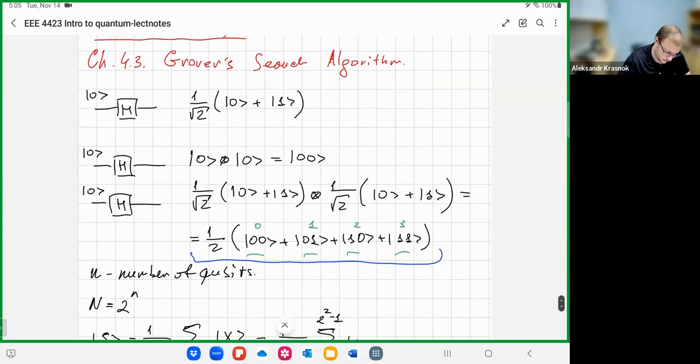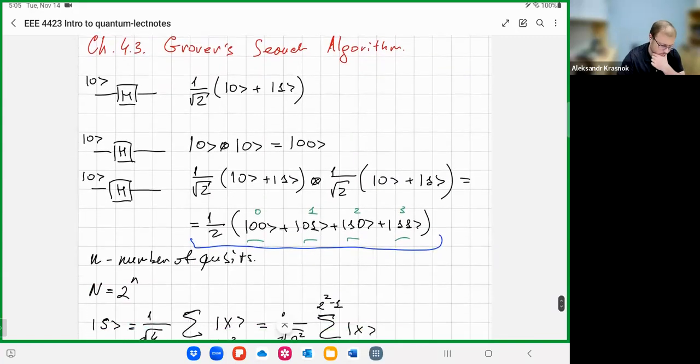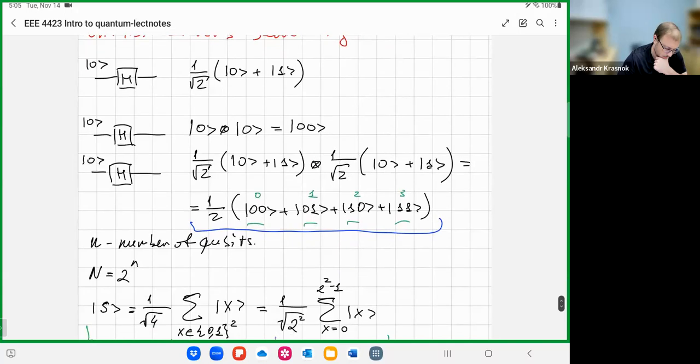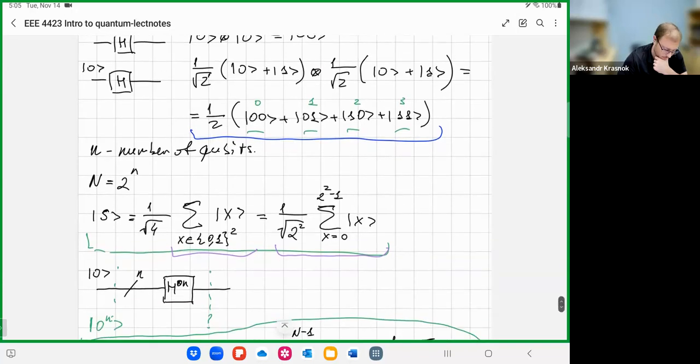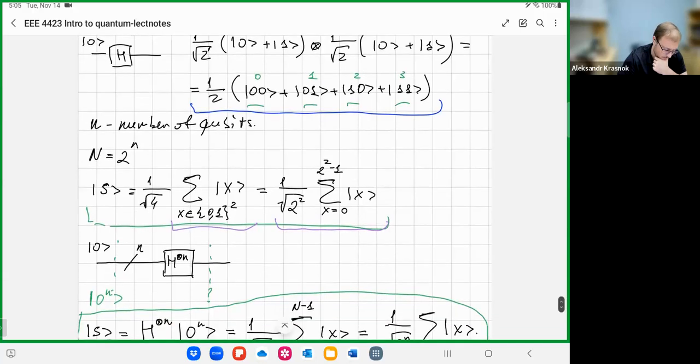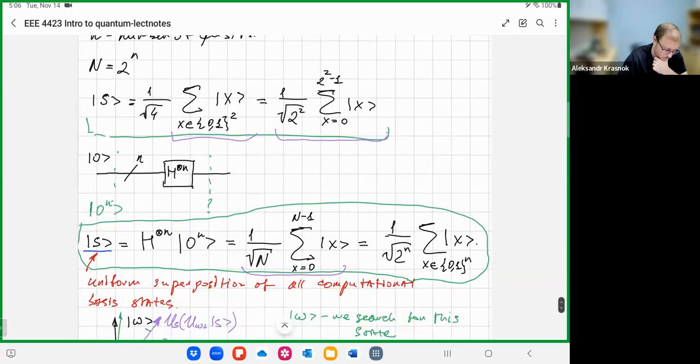In the discussion of Grover's search algorithm, we started from the way we represent this perfect superposition state of an n-qubit system.